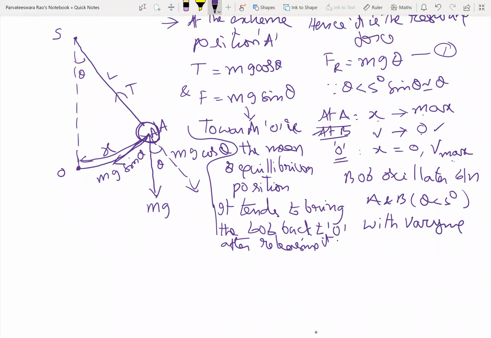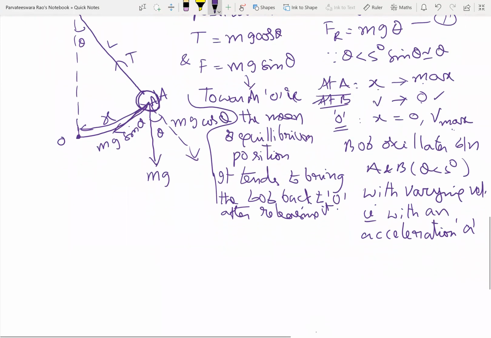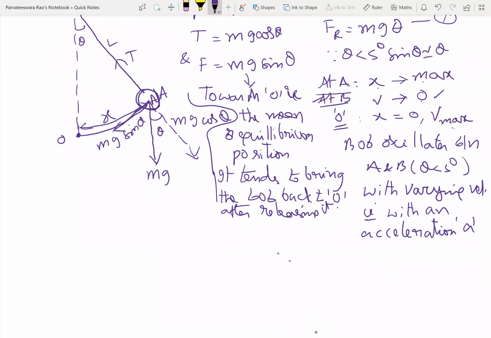That is, with an acceleration a. Once the velocity changes, definitely it possesses acceleration, yes or no? Therefore the accelerating force will be ma. Call it equation 2.